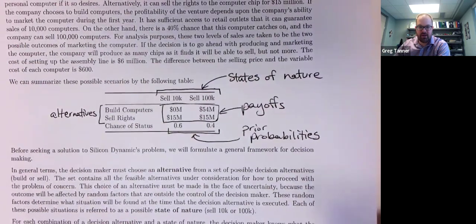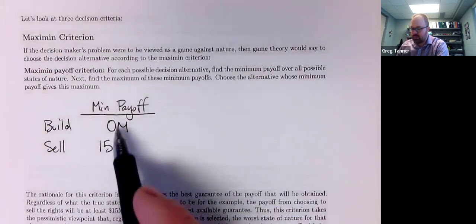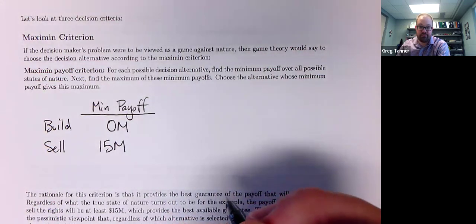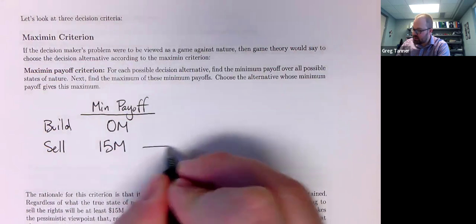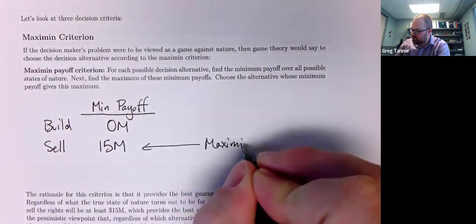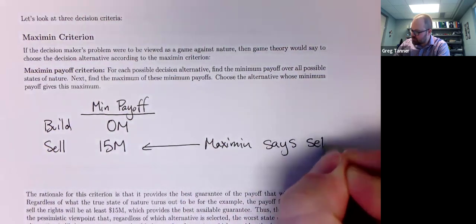And then once we've found the minimum payoff, we choose the alternative that gives us the best minimum payoff. And so in this case, the max and min criteria says that we should sell.